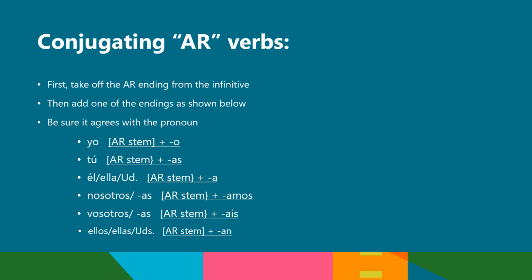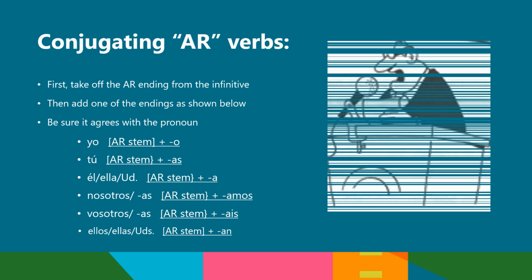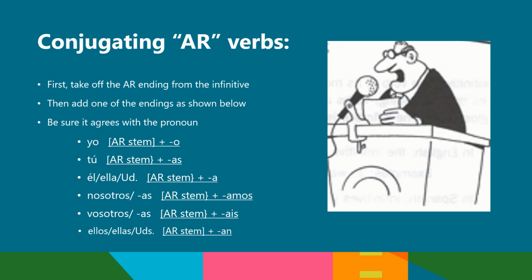So these are the endings for most AR verbs. They all conjugate the same. That means making the endings match the pronoun. Now this gentleman is showing us our next one, hablar. So we'll be seeing how to conjugate hablar right here, which means to speak.